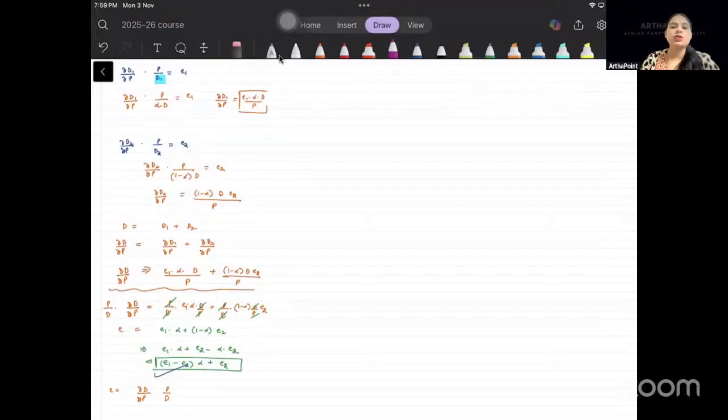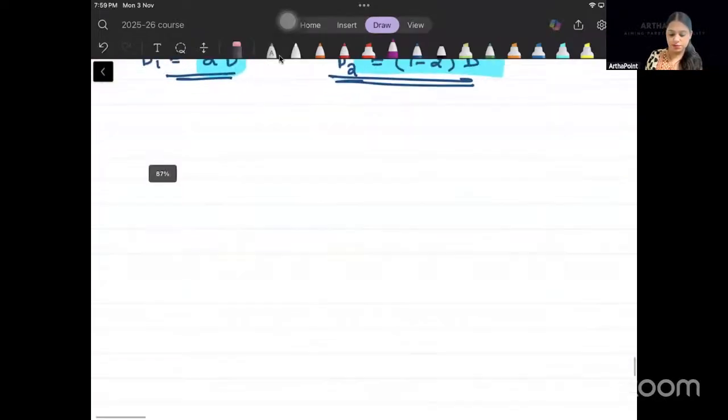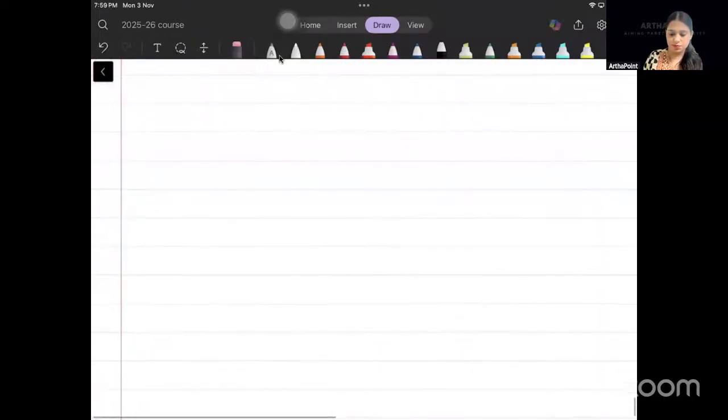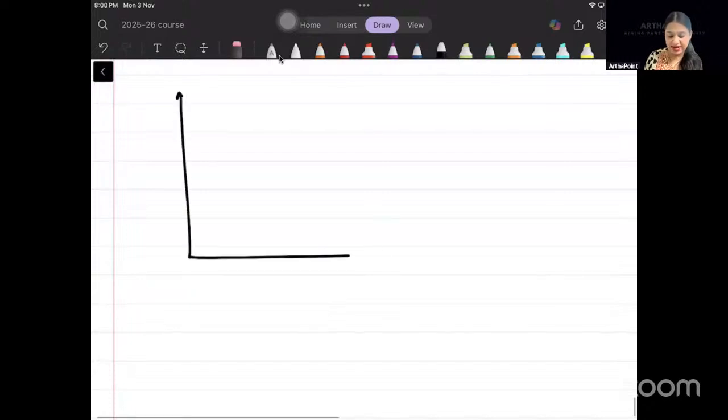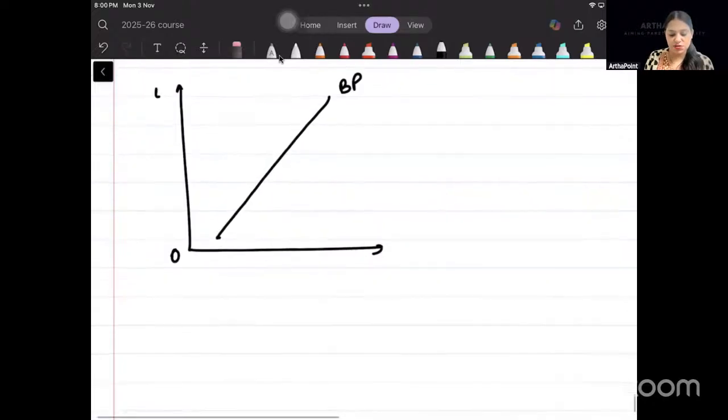Okay. So see, the BP curve does not shift under the fixed exchange rate. It only shifts under the flexible exchange rate. Now, let's say this is my BP curve, drawn in the interest rate-output space.